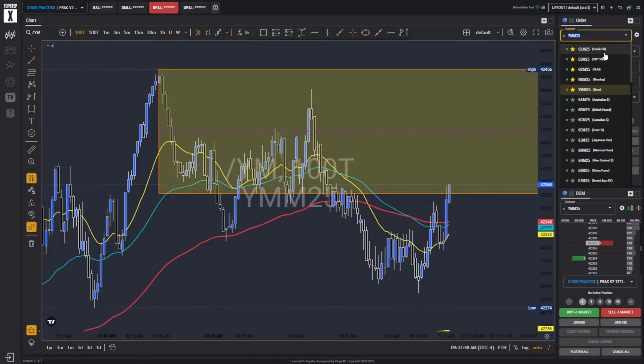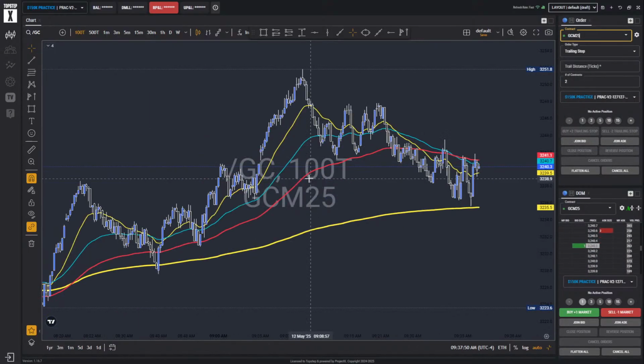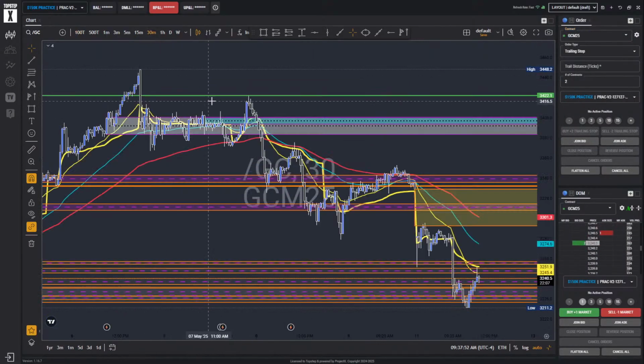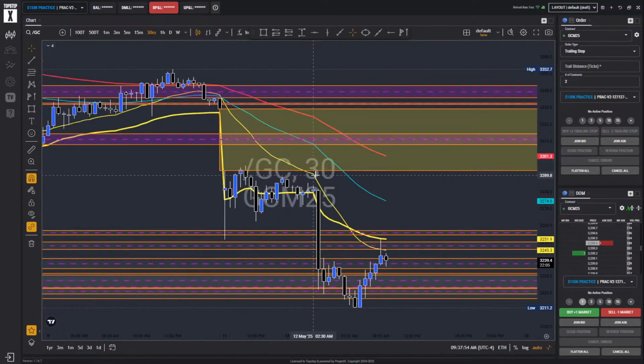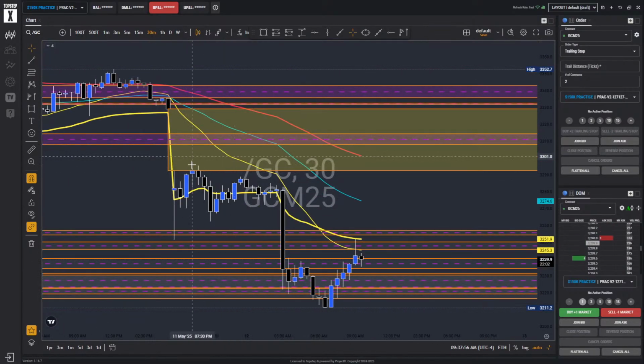Let's keep moving on to gold. See exactly what the gold did for us at the morning opens, 8:30. Throwing in the structure here. Let's hop in. We see the massive gap.